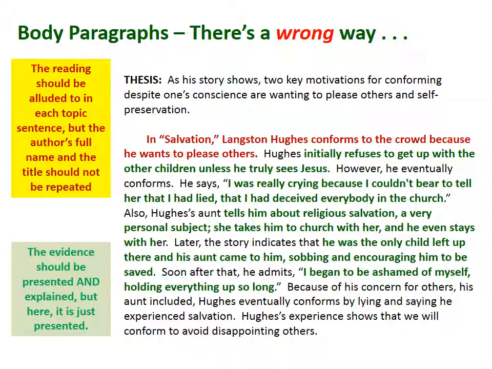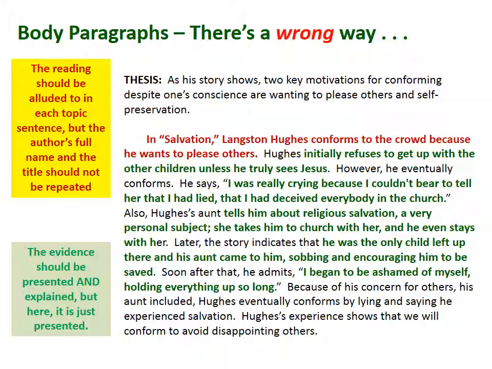So they've got evidence from the reading, but they haven't connected that evidence to the point of the paragraph. In other words, I, as a reader, am left to figure out how this evidence that's being presented proves the point that was expressed in the topic sentence. And at some points, I really can't understand what the relevance of the evidence is.